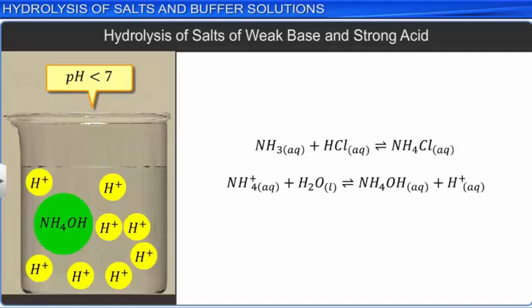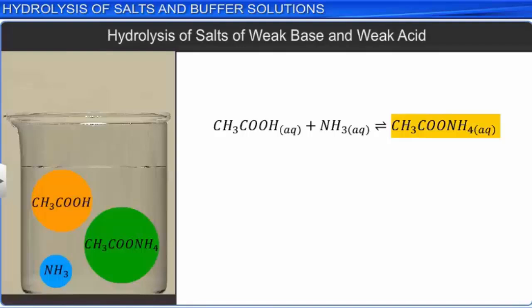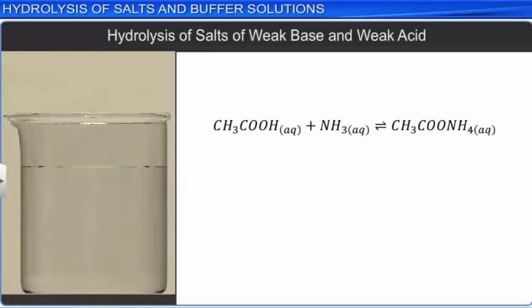Ammonium acetate is a salt of a weak acid, acetic acid, and a weak base, ammonia. As both the acid and the base are weak, their conjugates CH3COO- and NH4+ ions are strong.